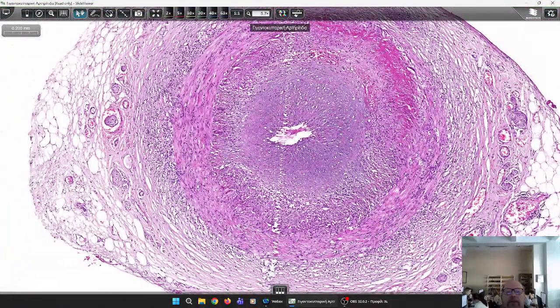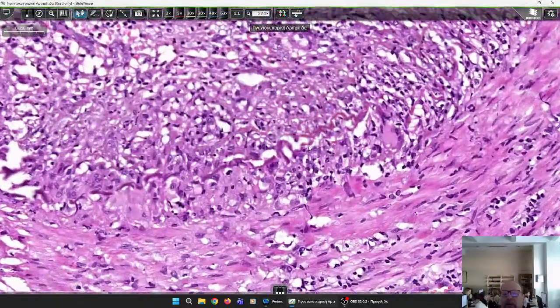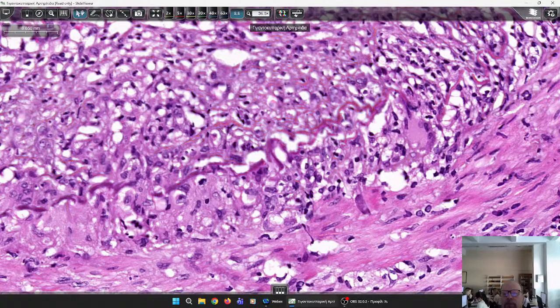arteritis. Here is the media, the muscular layer, and you see there are also some neutrophils, perhaps due to the destruction of some cellular elements, they come here. However, it is an immune-mediated inflammation, acute, not in the sense that the exudate mainly consists of neutrophils.